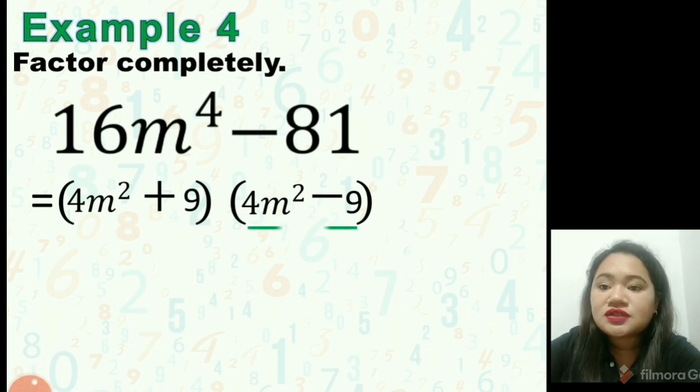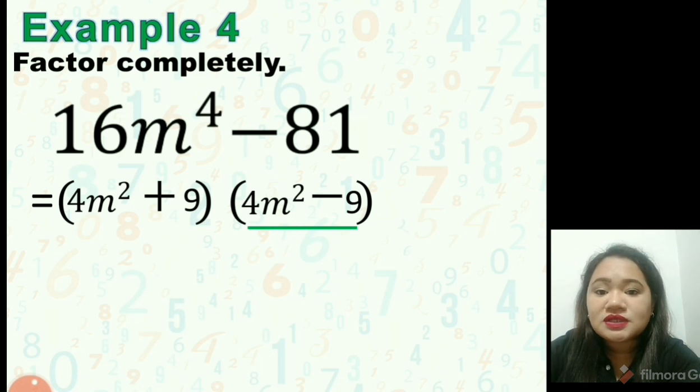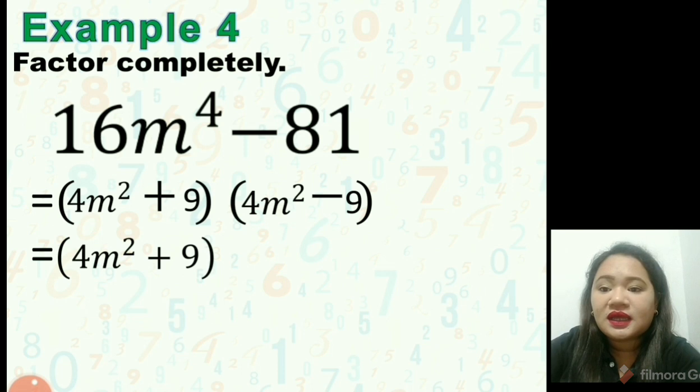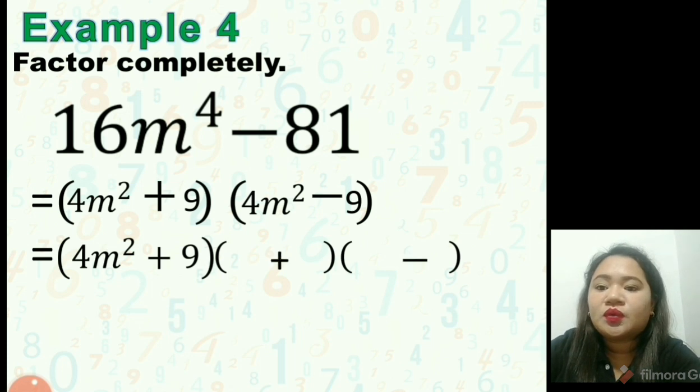But, as you can see, 4m squared minus 9 is a difference of two squares. Therefore, we can still factor this. Rewrite 4m squared plus 9 and then make two binomial factors for 4m squared minus 9. One is a sum and the other is a difference.